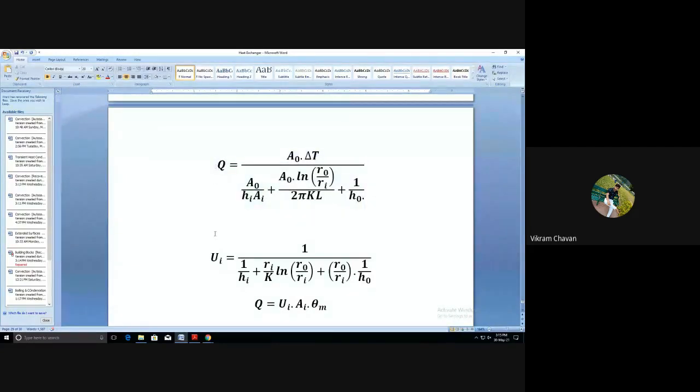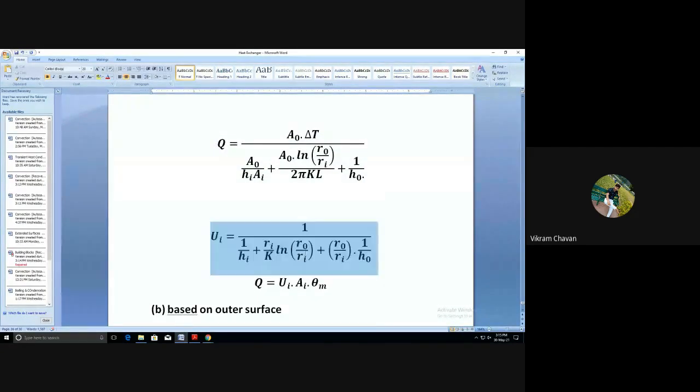Okay, and if you know everything, then you can directly write this overall heat transfer coefficient as one divided by 1 upon Hi plus Ri divided by K ln of R naught divided by Ri plus R naught divided by Ri multiplied by 1 upon H naught.